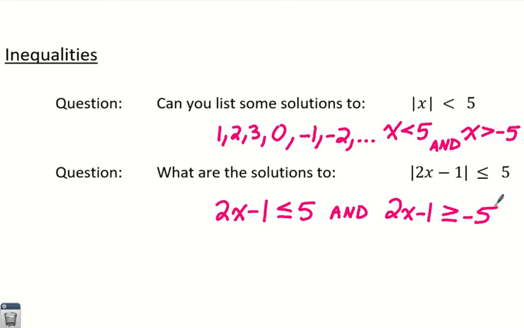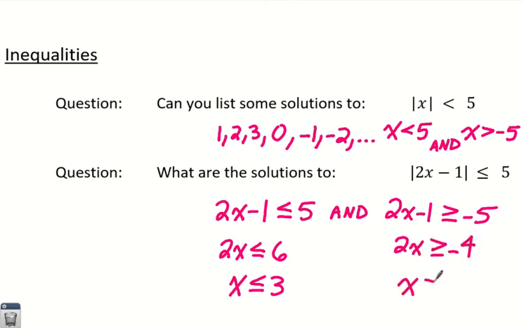All right? And so we're dropping the absolute value, notice, when we split this up into the two cases. Now we're just going to solve these separately. Add 1 to both sides, and we get 6. Then divide both sides by 2, and get x is less than or equal to 3. Over here, we add 1 to the other side, and we get -4.